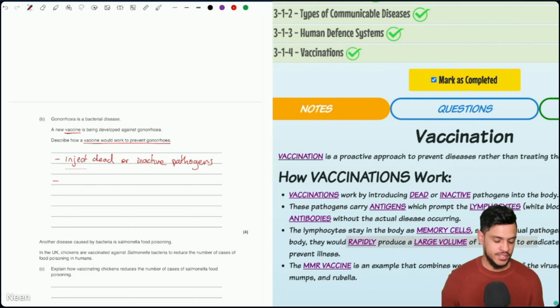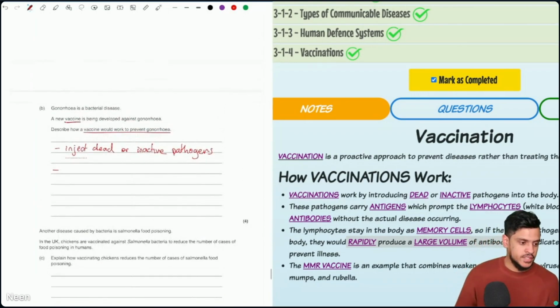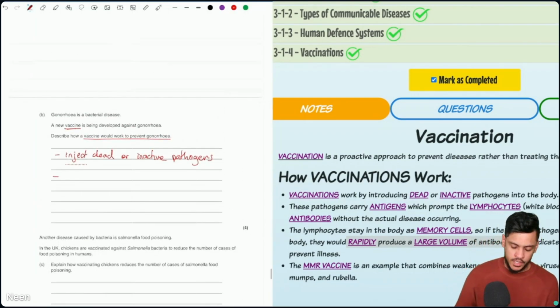Everyone's liking Abhishek's answer. The memory lymphocytes retain the information from the antigen. Yeah, they do. So what you can say, white blood cells.